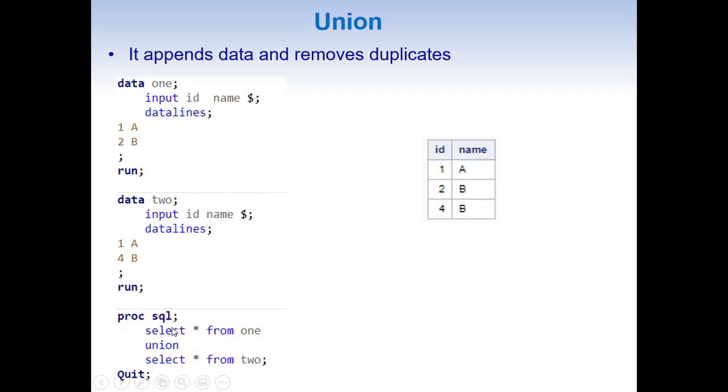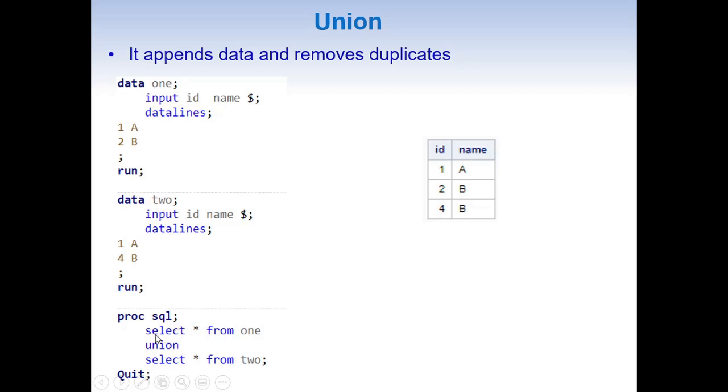So we are combining these two tables with the help of union. This combines the two tables or data sets, and also removes the duplicates. If we just appended in a regular fashion, our result would be 1A, 2B, 1A, 4B.